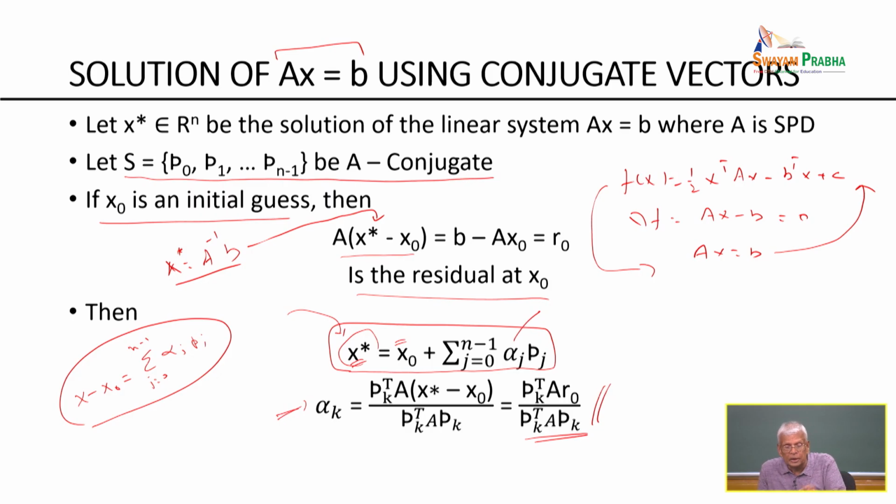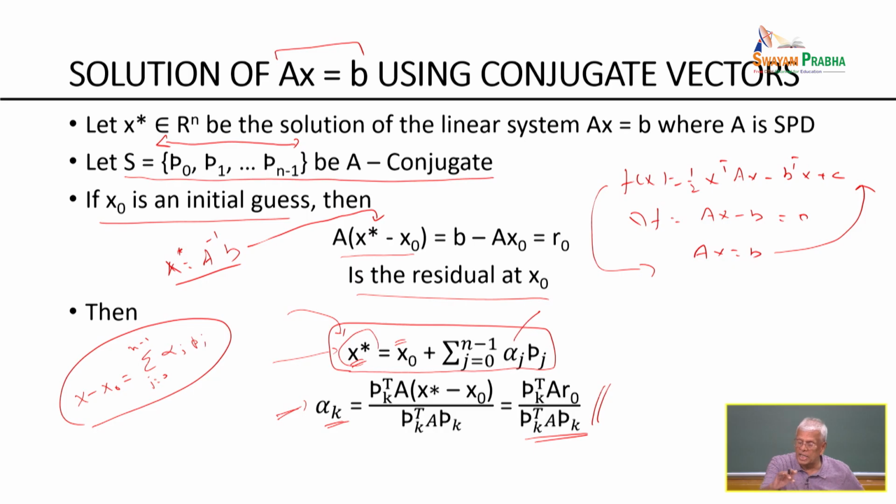This is the ability to express the unknown solution as a linear combination of the A-conjugate vectors with known coefficients. So, what am I assuming? If you are given a set of A-conjugate directions, then I can compute the minimizer as a linear combination of the conjugate directions using no more than n vectors.